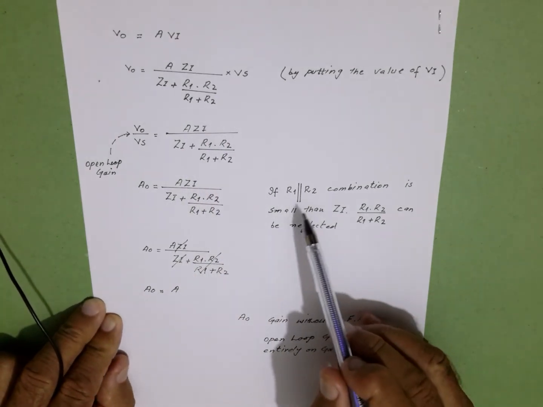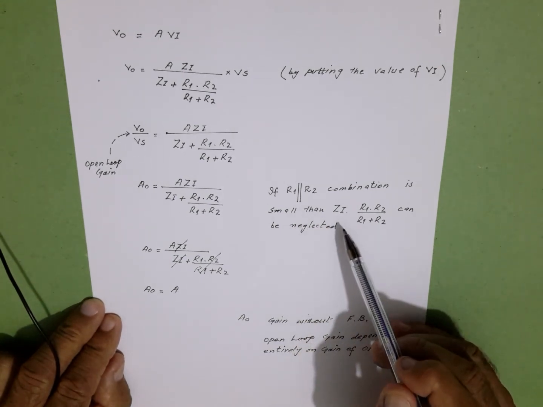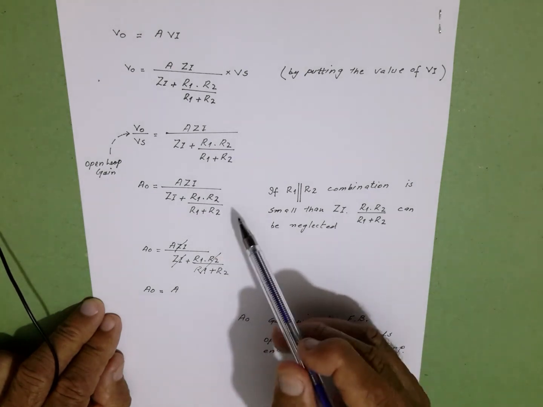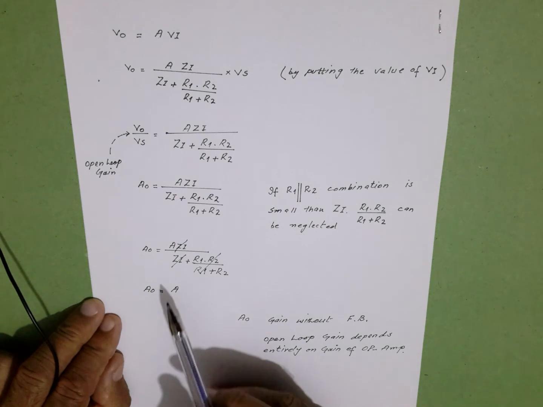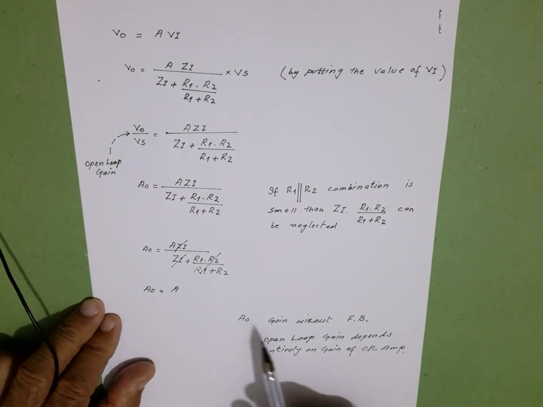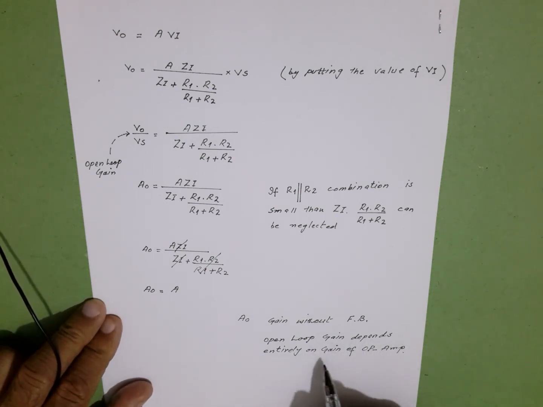If the R1 and R2 parallel combination is small compared to Zi, then R1 into R2 divided by R1 plus R2 can be neglected, and Zi cancels with Zi. A naught is equal to A, which indicates that the gain without feedback, or open loop gain, depends entirely on the gain of the operational amplifier.